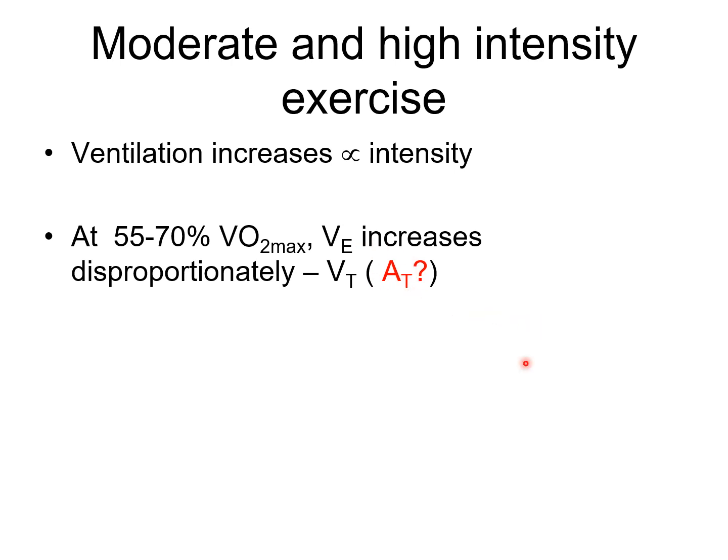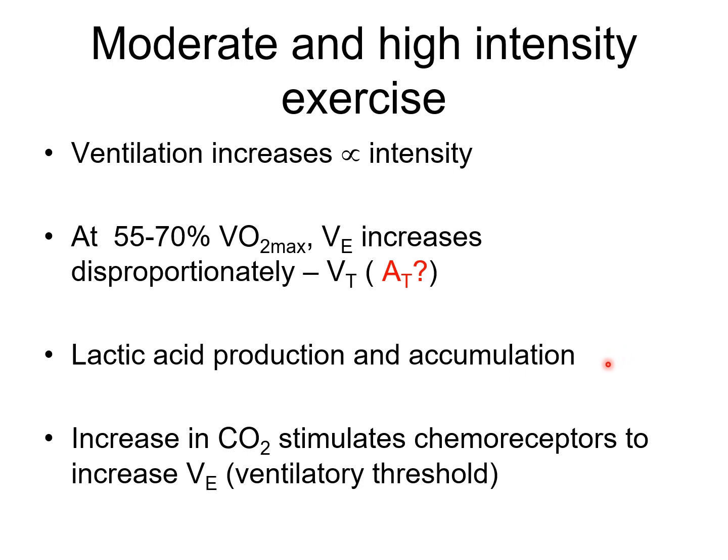Now, strictly speaking, those two terms, ventilatory threshold and anaerobic threshold, shouldn't be used interchangeably. They are two separate parameters. So ventilatory threshold simply refers to ventilatory mechanics, whereas the anaerobic threshold refers to metabolic parameters, i.e. increase in lactic acid production.